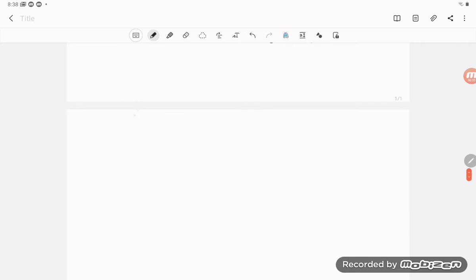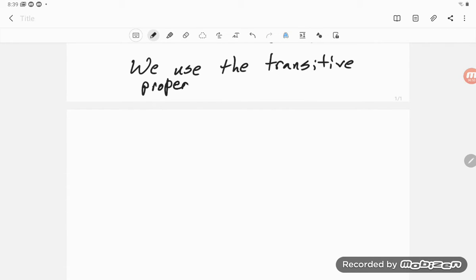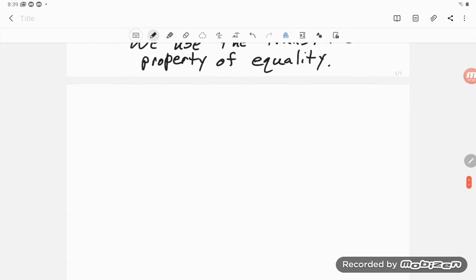But we use the transitive property of equality. They don't really go into that, because I think it's more complicated than they make it out to be here.